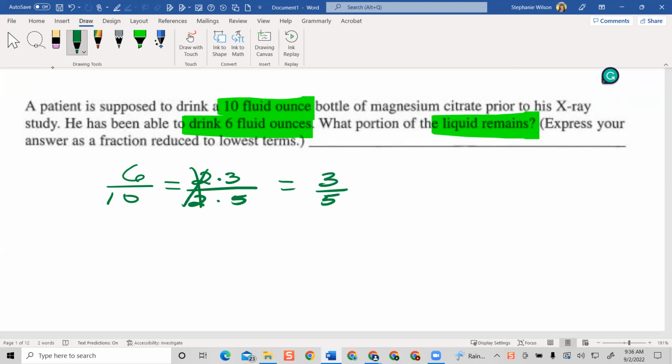However, this is the portion, the ratio of what was consumed out of the total. So if the total is going to be in parts of 5, I know that I can take 5 over 5, subtract the 3/5, which gives me 5 minus 3 over 5, which is 2/5. That tells me what remains.